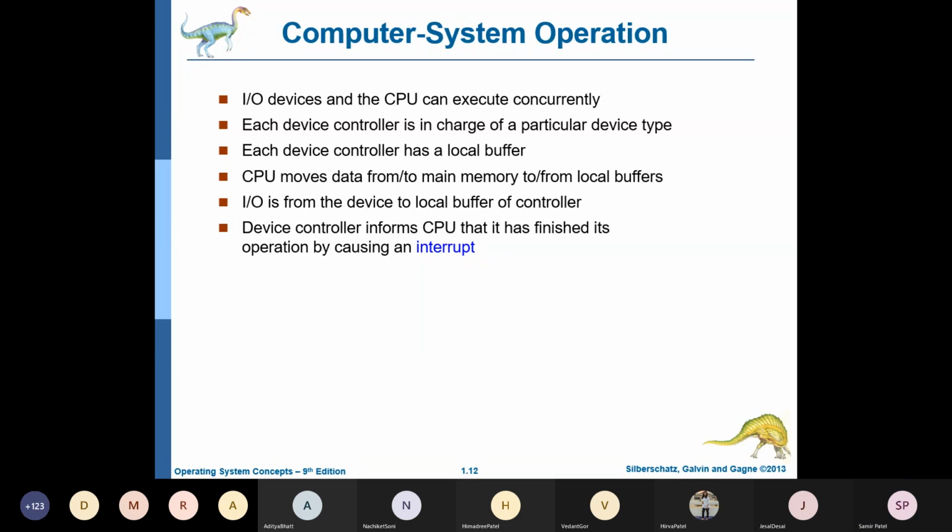If all the jobs are of IO activity, then there is no use of the CPU. We cannot have all the jobs inside the system requiring only the CPU or only the IO devices. So we have to have a mix of IO bound as well as CPU bound inside the system.